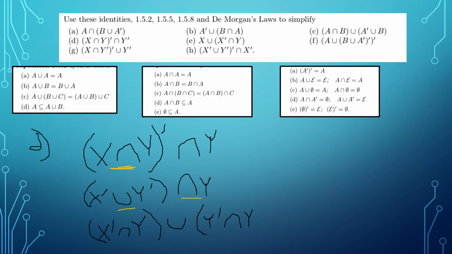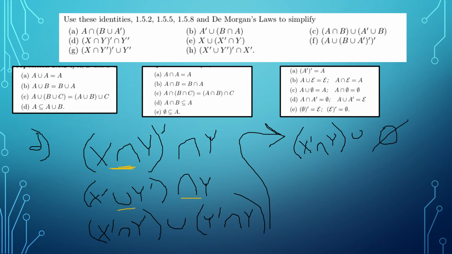Okay, we're going to continue on this side. Right, so you have not x intersection y, and if we look here, we have the intersection of not y and y, which means, if you remember our properties, it's an empty set.